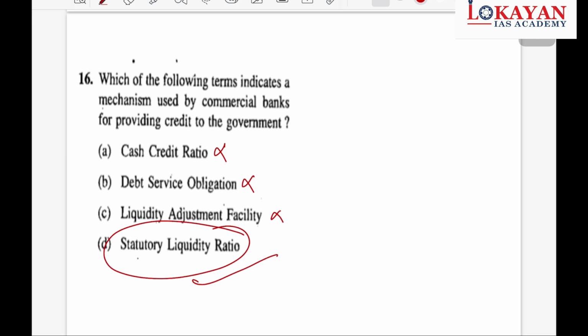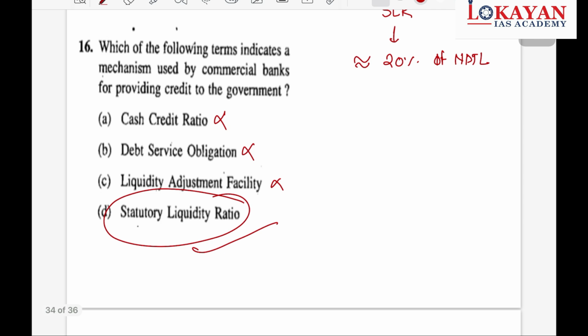All of you know that under SLR, banks are mandated to keep a certain percent of deposits with themselves. For the present it is approximately 20% of NDTL, and this 20% they can keep in the form of cash, gold, or government securities.